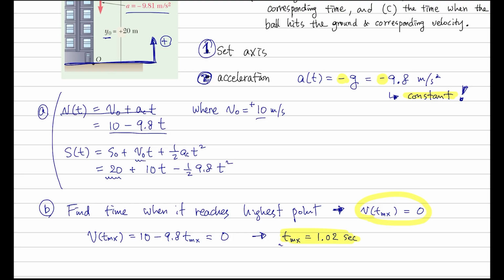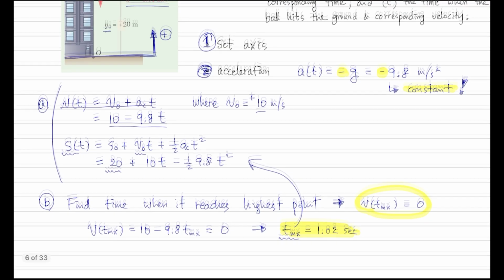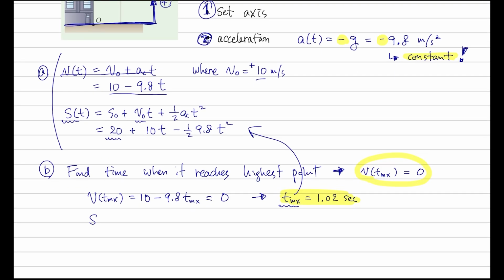So we found this time, and the highest elevation can be obtained by just plugging that in over there, isn't it? So s at t max is going to be 20 plus 10 times 1.02 minus 4.9 times 1.02 squared.